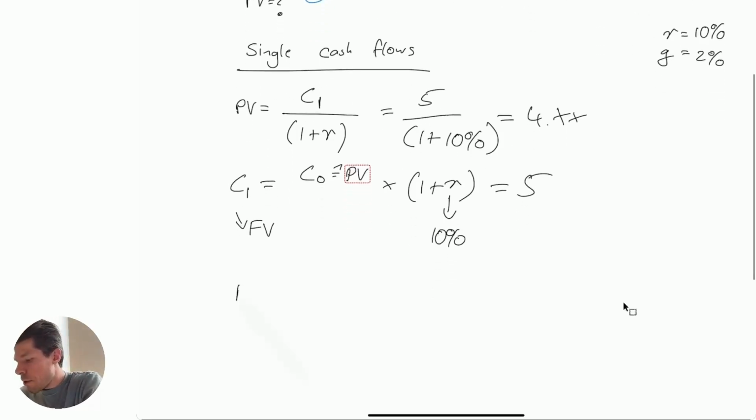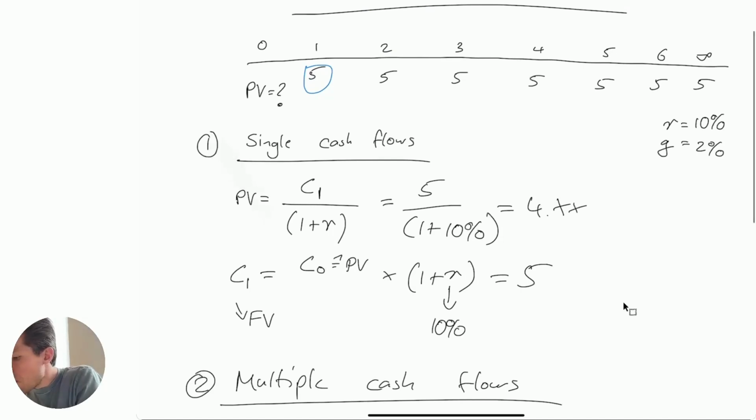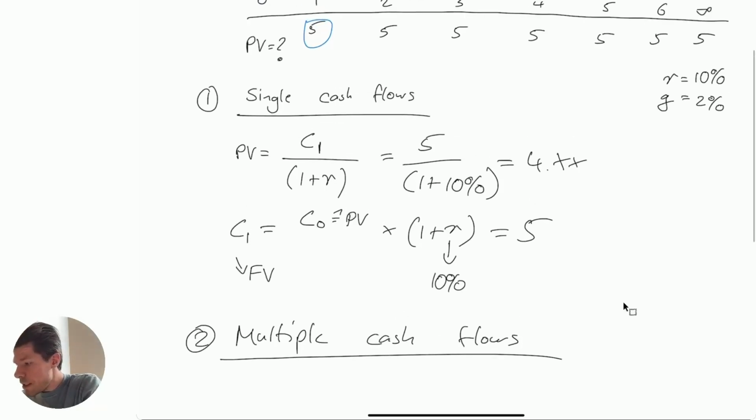If we talk about multiple cash flows, second scenario, we need to think about, do they stop somewhere or do they go indefinitely?